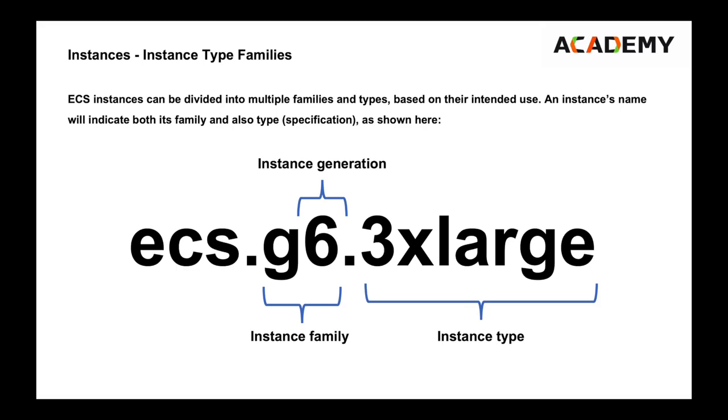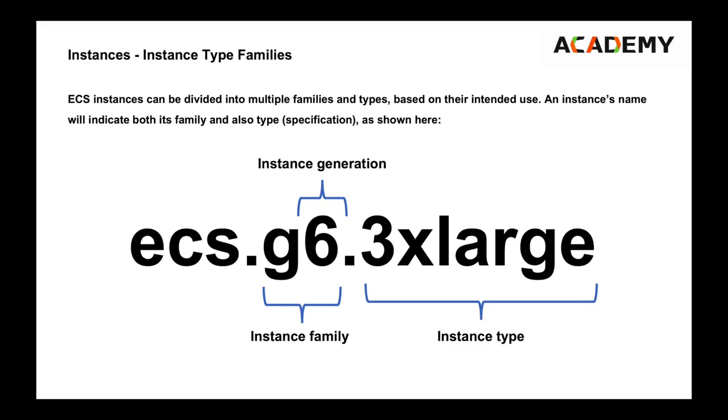What does that mean? Well, general purpose instances have regular x86 server hardware and they provide a vCPU to memory ratio of 1:4. So for every CPU core in a general purpose instance, in a G instance, there will be 4 gigabytes of RAM. The instance type is all the way to the right. This indicates the actual specification of the instance. How many vCPU cores does it have?